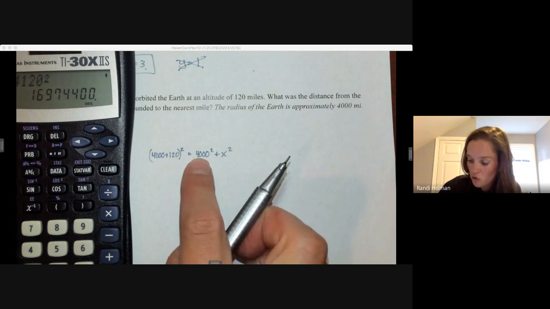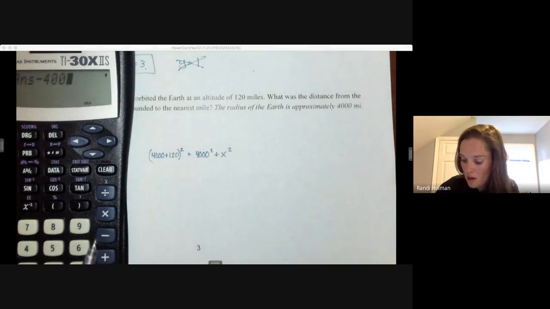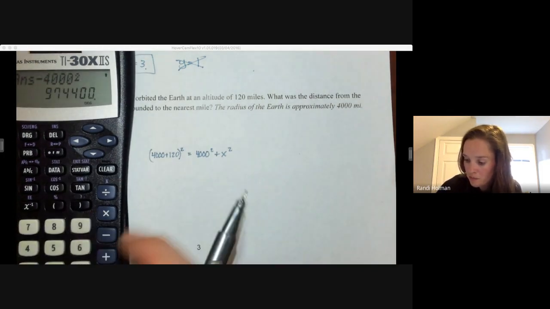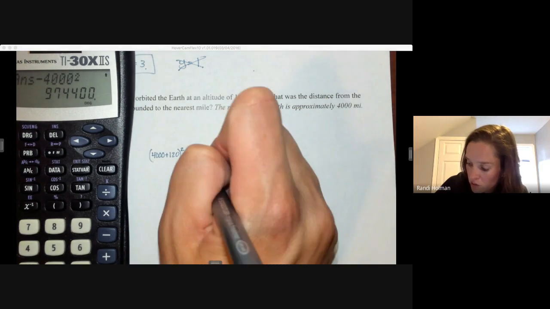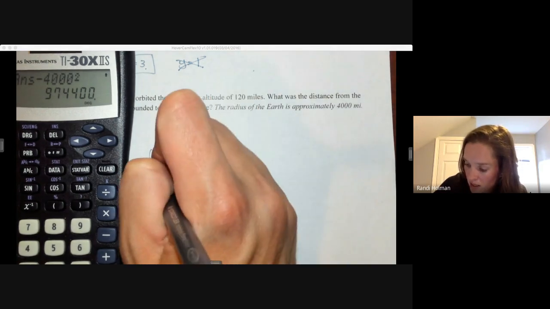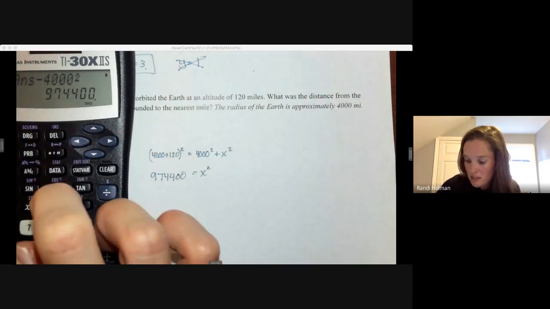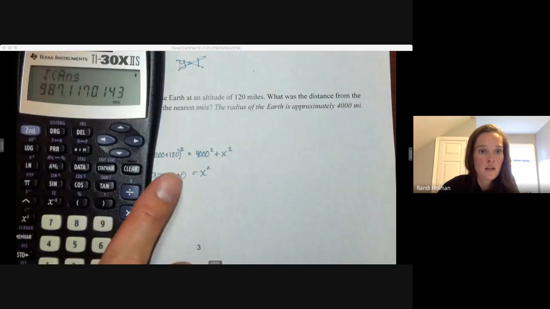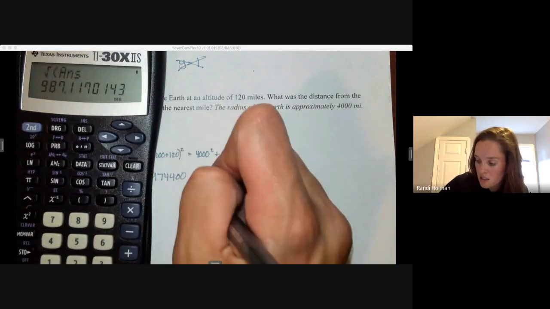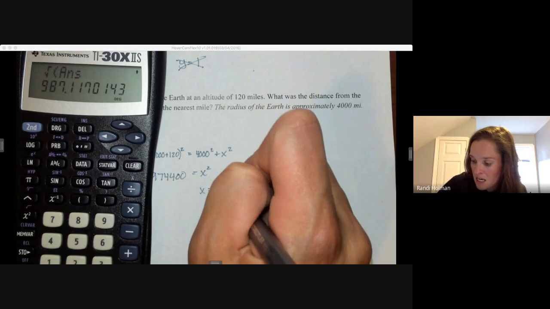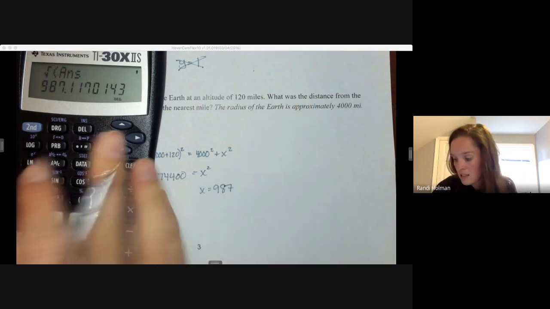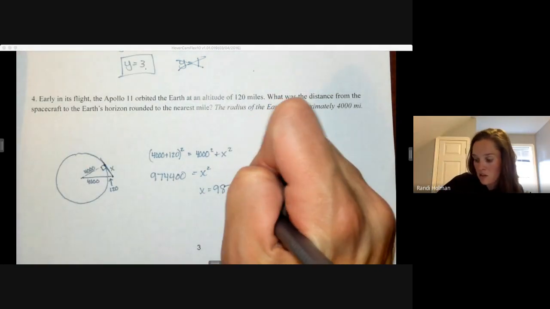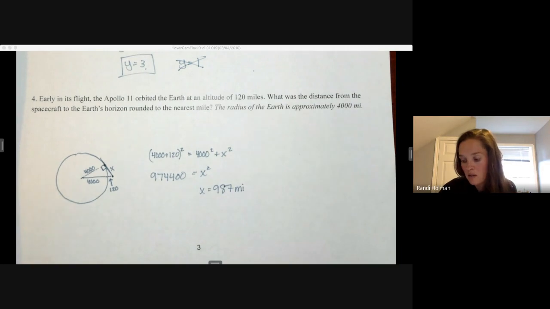We're going to subtract 4,000 squared. And we get that x squared is 974,400. So to get x by itself, we're just going to take the square root of that, which is 987, and it asks us to the nearest mile. So we'll say 987 miles.